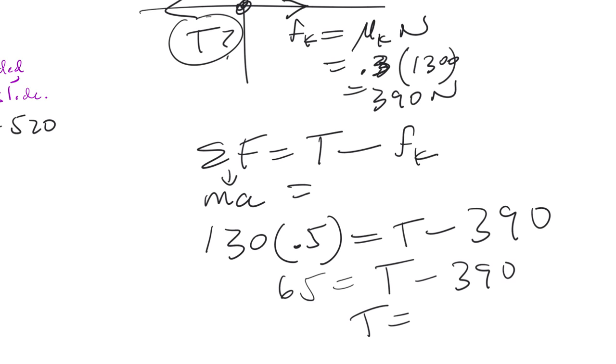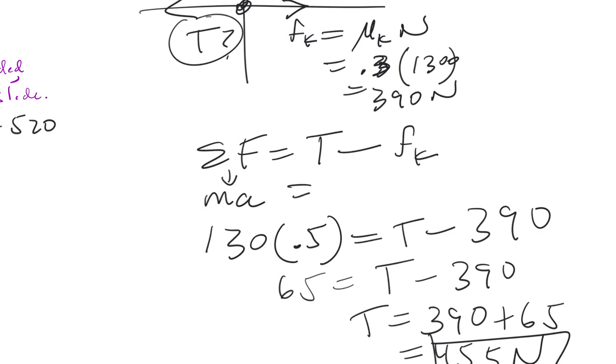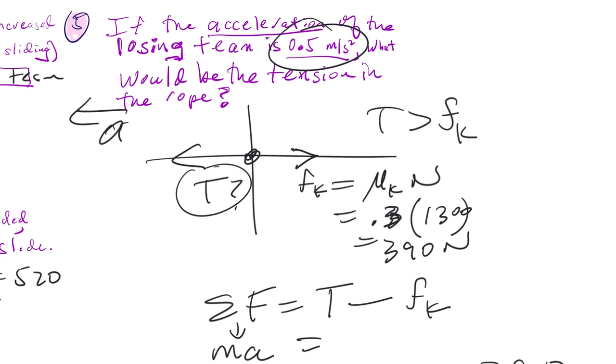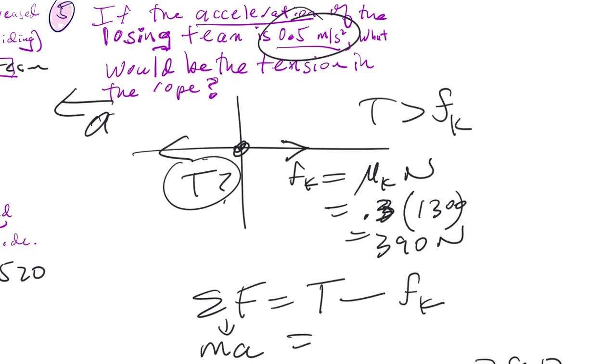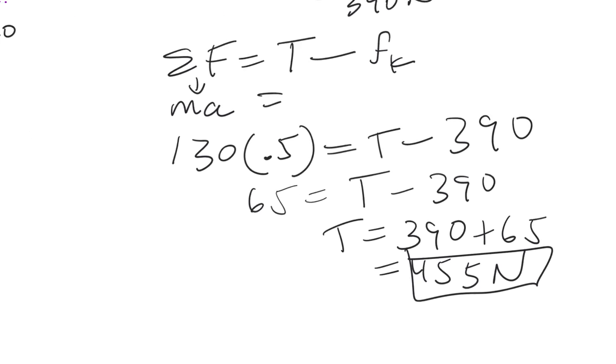So T equals 390 plus 65, which is 455 newtons. So that'd be the tension in the rope as that team is sliding with an increasing speed to the left, accelerating to the left. Okay?